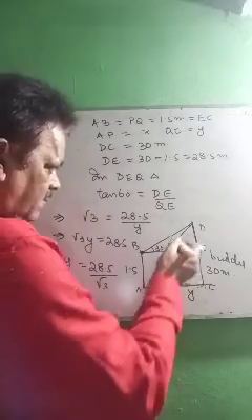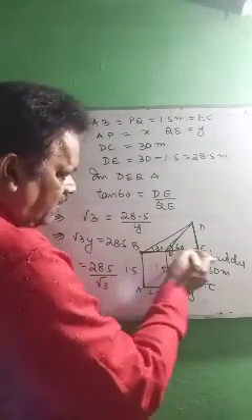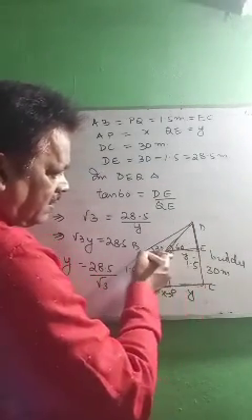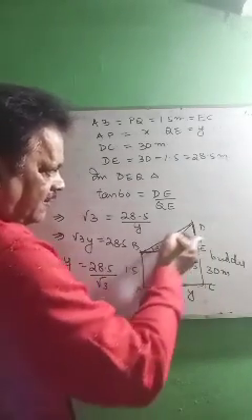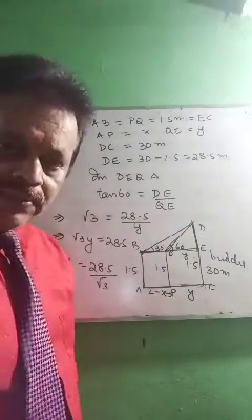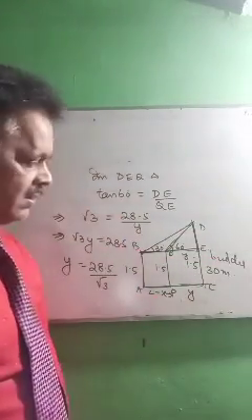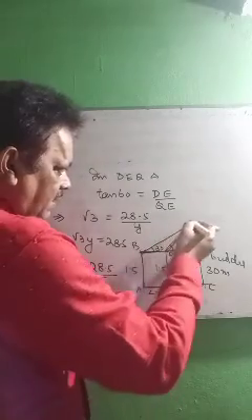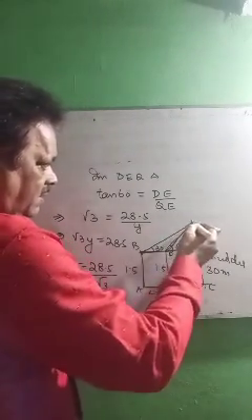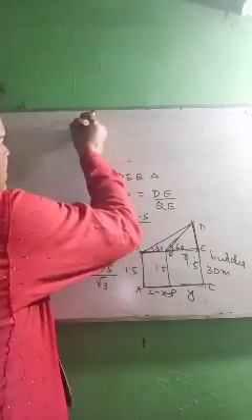Now back to 30 degree. 30 degree means always you have to take with perpendicular. This is your 30 degree triangle. Then which triangle you have to take? You have to take BDE triangle or DBE triangle.